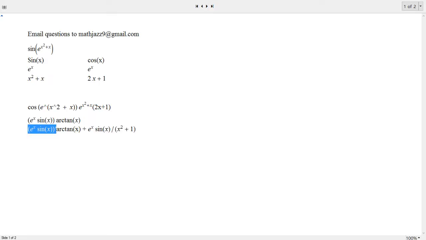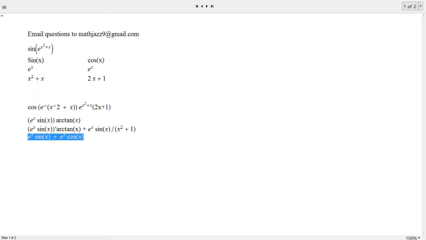And so we take the first function's derivative, which is e to the x, and we multiply it by the second function. And then we add the first function, which is e to the x, times the derivative of the second function, which is cosine x. That's the derivative of e to the x sine x.